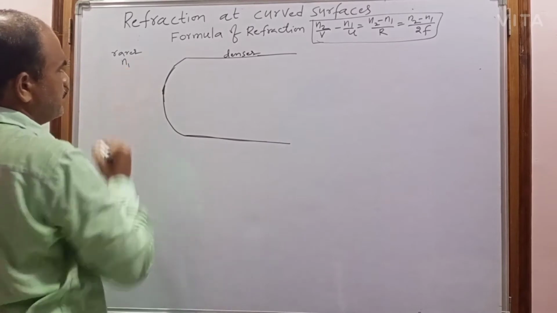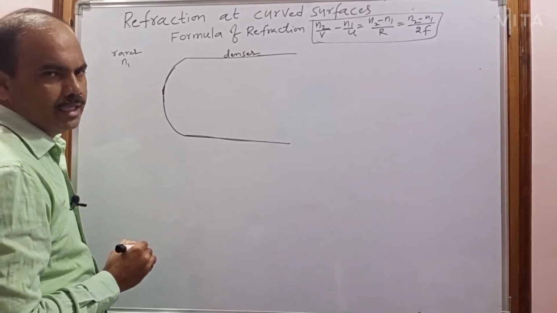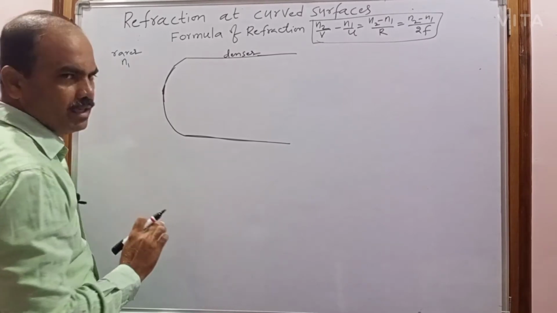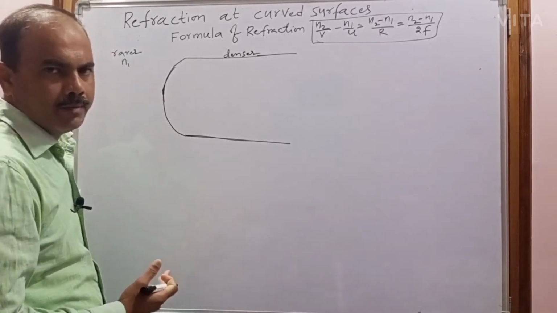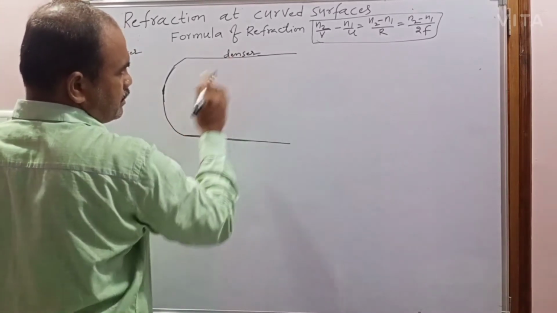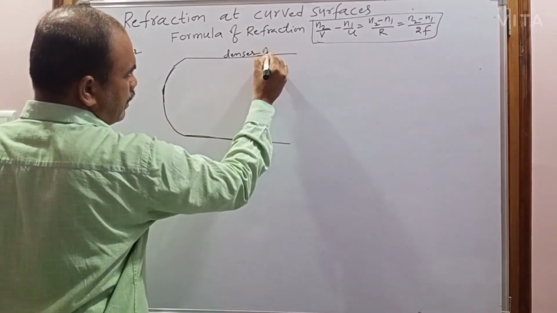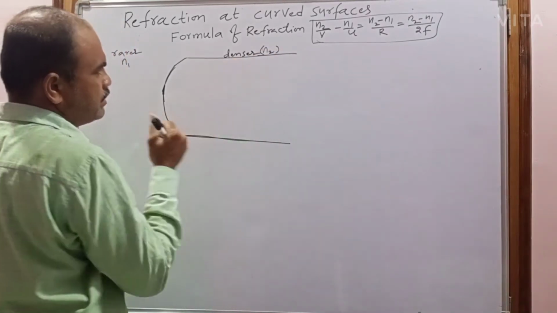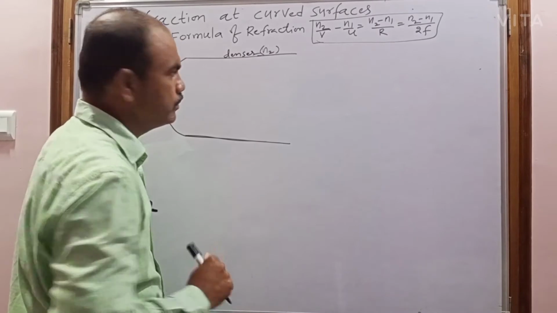Refractive index may be represented with n or mu. At 10th class level it is represented with n, and at higher classes with mu. Let us imagine the refractive index of the denser medium is n2.